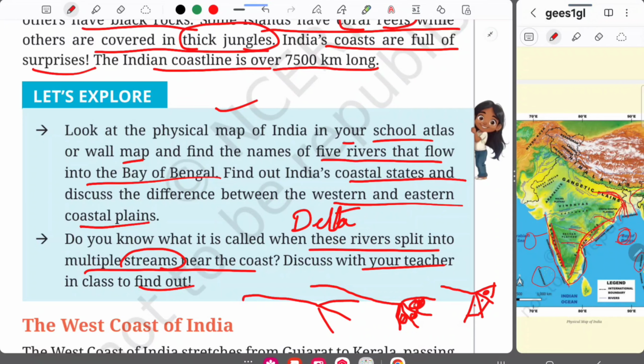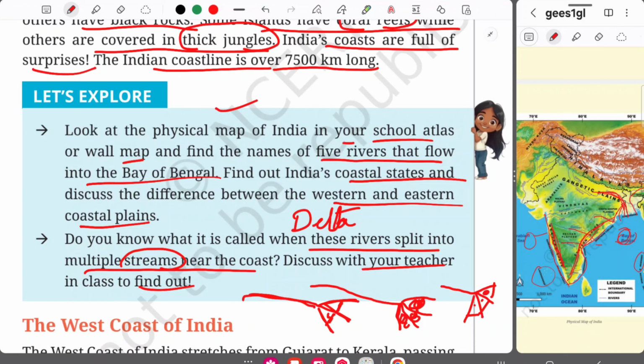This is the small stream of the big river, and in the middle, the landform created in a triangular shape is known as the delta.